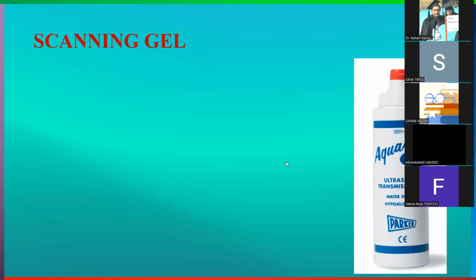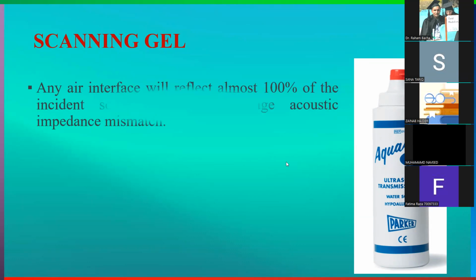Now a question arises, why are we using acoustic gel? The acoustic gel is used to reduce the intensity reflection coefficient and to improve the intensity transmission coefficient, right? While coupling the transducer with the skin, we are interested in the transmission of sound waves into the body, not in the reflection of the sound wave from this very superficial reflector, which is formed between the transducer crystal and the soft tissue.